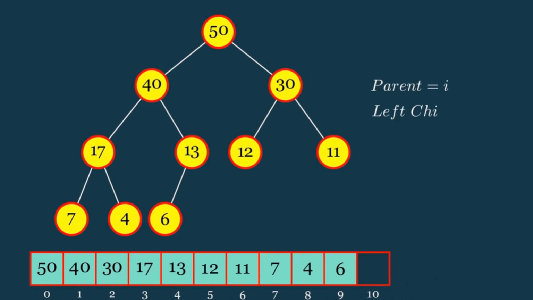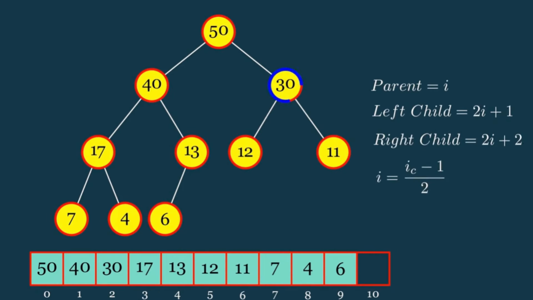Now let's look at the formulas for finding the parent and children of any element given its index in the array. For example, consider an element with the value 30 at index 2. To find its left child, we plug i equals 2 into the left child formula, which gives us index 5. So index 5 is the left child of the element at index 2.